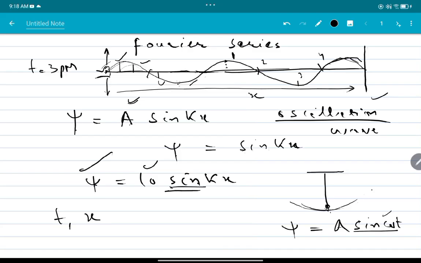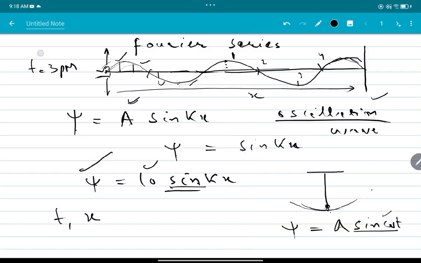Time is fixed, 3 p.m. And while time is fixed, vertical displacement is not fixed. Time is the same for all these particles, but their vertical displacements are not the same. This means that vertical displacement here is changing with space. It is changing with position, or we can call it space as well. You get that the vertical displacements are changing with space, right?